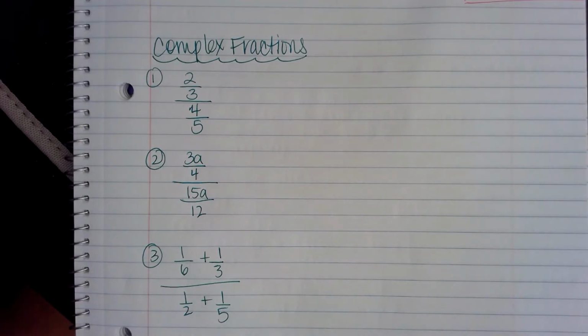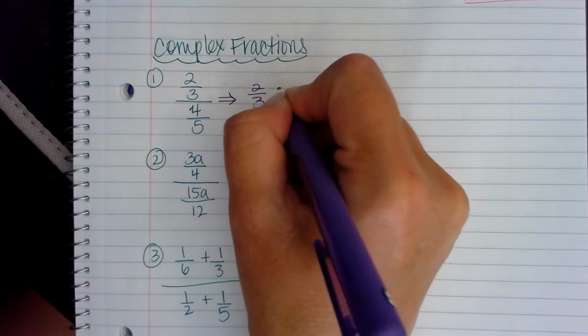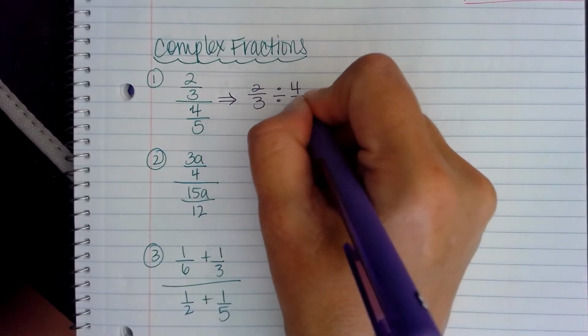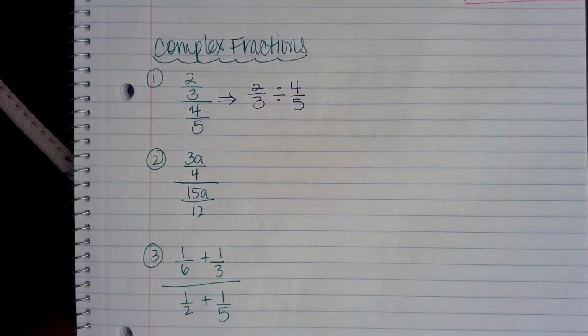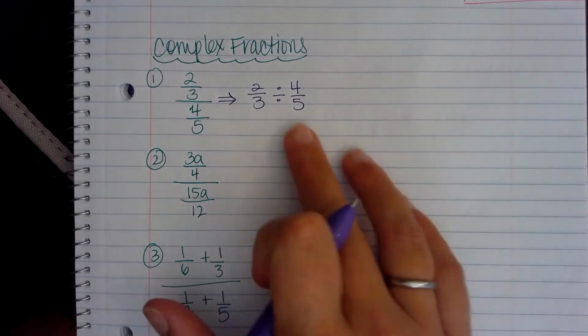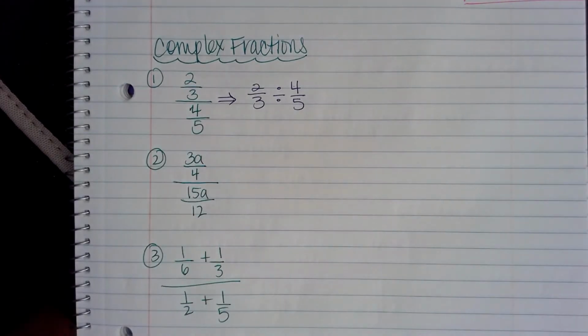So 2/3 over 4/5, we can rewrite that as 2/3 divided by 4/5. Because for some reason, our brains are able to kind of take care of that better. Because it has so many lines going on, we just have a hard time processing it.